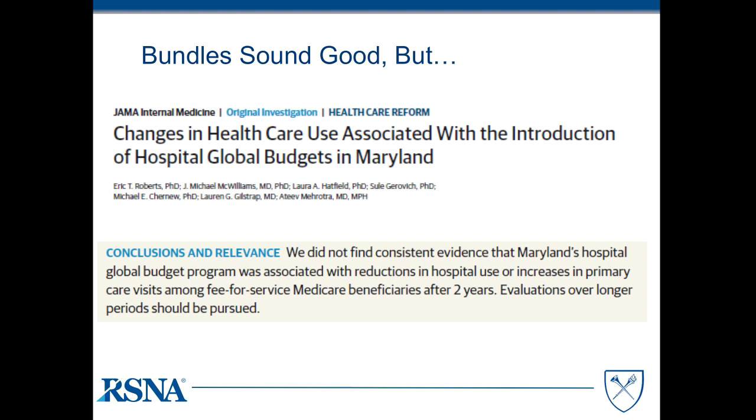These are all theoretically quite attractive, but probably also not immune to the downstream unintended consequences we've seen with other payment models. Some recent work that you see highlighted here from JAMA Internal Medicine indicates that early bundle payment initiatives may not be performing as well as many had expected and hoped. So, we all have some more work to do.